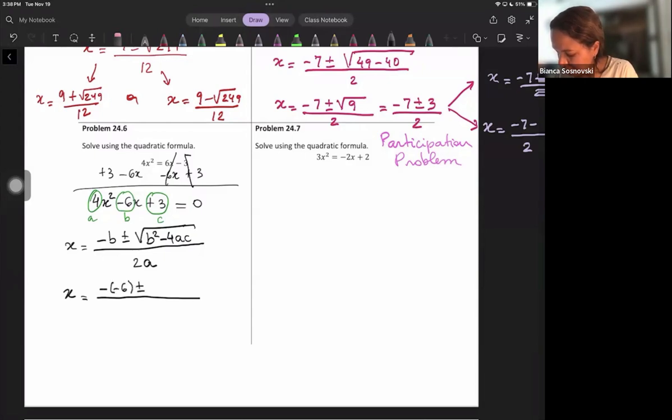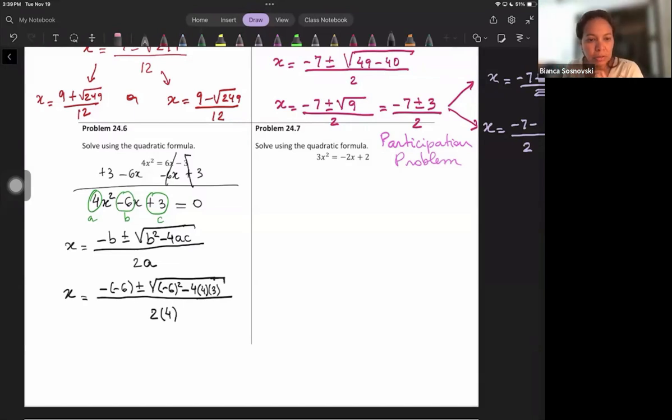And then we do plus or minus the square root of. Now, inside we have b squared, so negative 6 squared. And then minus 4 times a, which is 4, times c, which is 3. And we divide this by 2 times 4.